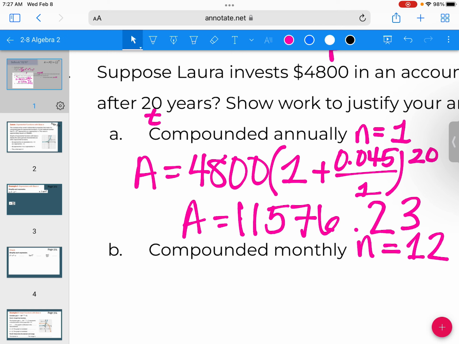So we type in 4,800 times, and then it's 1 plus, and then it's your N over D. That is second column, third row. N over D, and then you type in your 0.045, and then you click your next arrow button. That next arrow button will bring you down to the denominator. Type in 1, and then you click your next arrow button again. And then that'll get you out of the fraction.